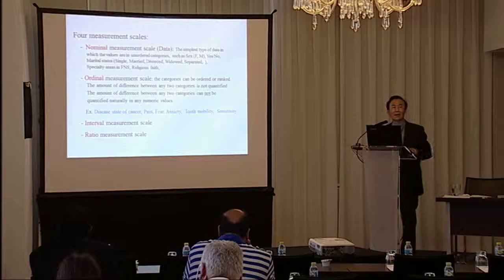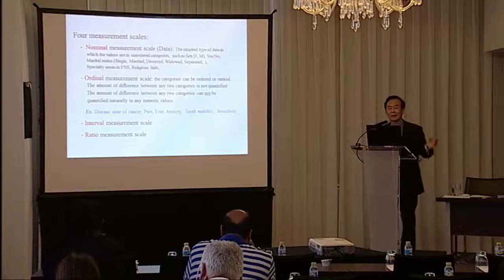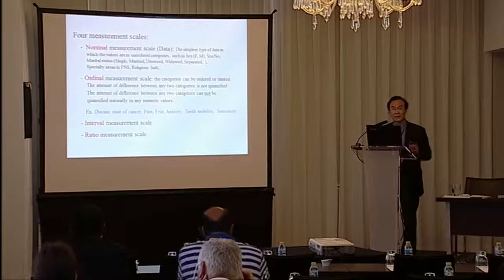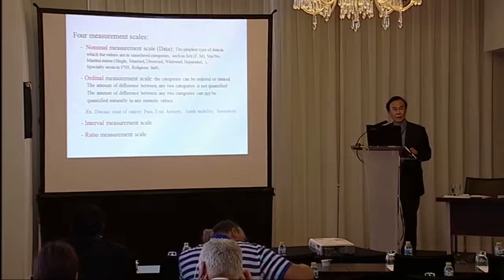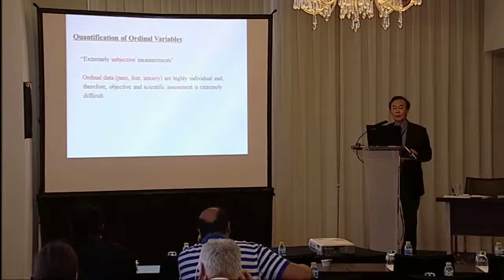These are not quantifiable, and you certainly cannot quantify the difference between stage 1 and stage 2 cancer. And of course, dental pain, dental fear, dental anxiety, tooth mobility, and dental sensitivity. These are all ordinal measurement data which you deal with often in your profession.